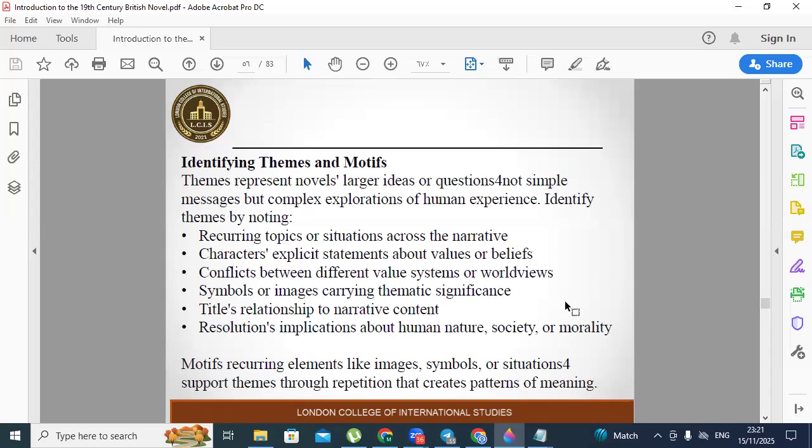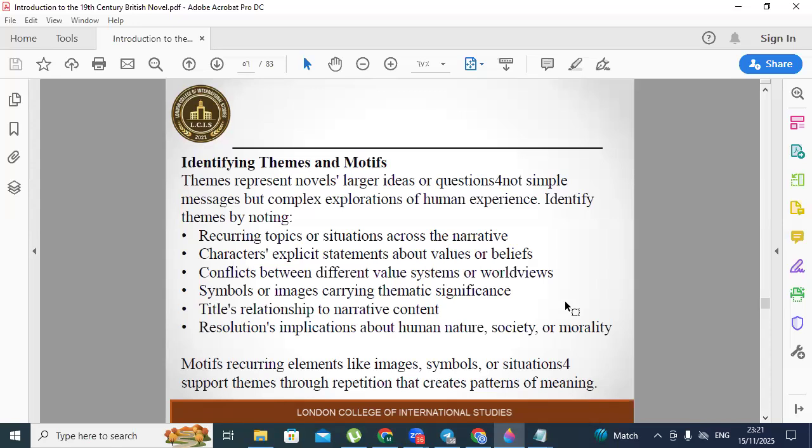Identify themes by noting recurring topics or situations across the narrative, characters, explicit statements about values or beliefs, conflicts between different value systems or worldviews, symbols or images carrying thematic significance, titles' relationship to narrative content, resolutions' implications about human nature, society, or morality.